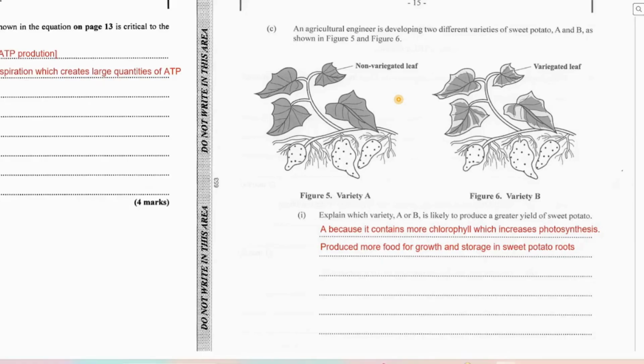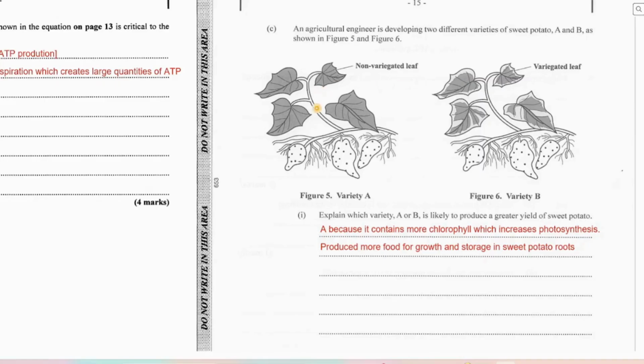Iodine test, as we know, is to show that there is starch. Starch is a form in which sugars or glucose is stored in plants. With the variegated leaves, it is only in the parts that had the green pigment, which is the chlorophyll. This is where you would have seen that blue-black color showing a positive starch test.